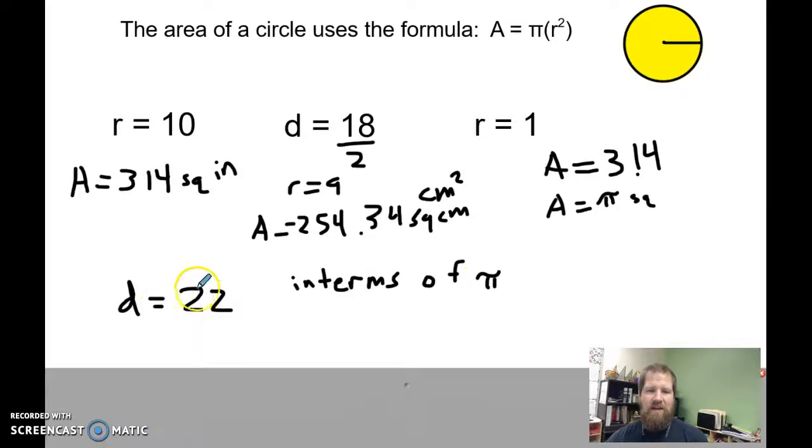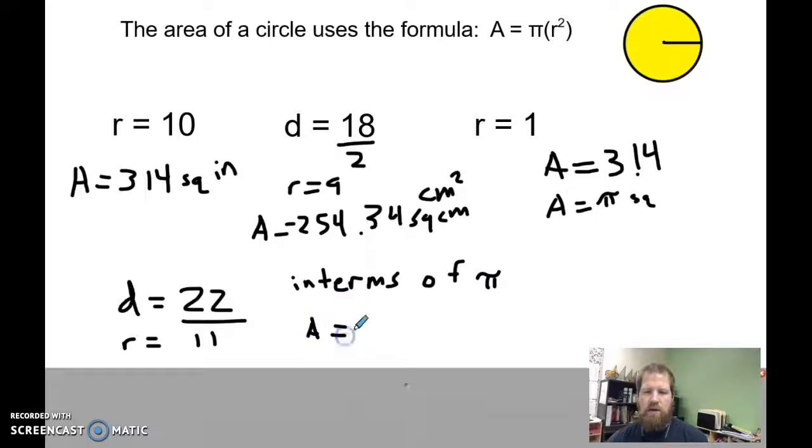So my diameter is 22, and I'm going to get half that to find my radius. Radius is going to equal 11. And then I'm going to plug that into my formula.